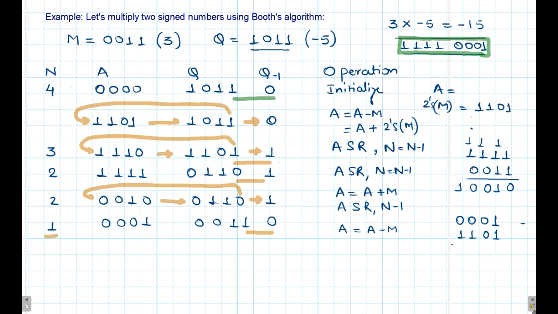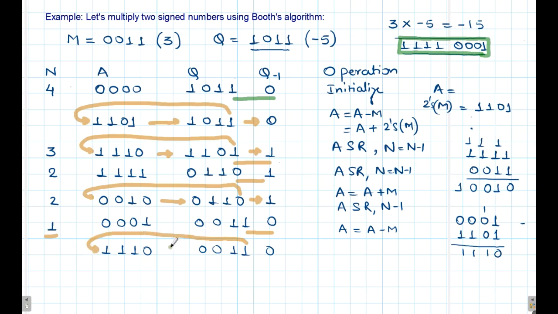So we are going to perform addition. 1 plus 1 is 0, 1 carry, 1 plus 0 is 1, 1 and 1. So it means that the value of A is 1 1 1 0 and 0 0 1 1 as it is. And lastly, we are going to perform ASR to complete our expression.